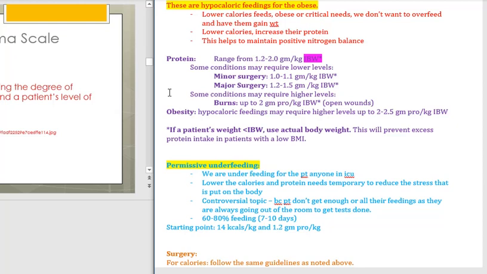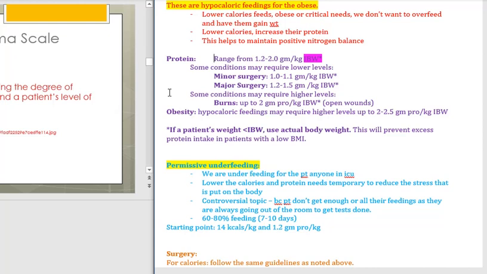Okay, 82.5. So now let's say that's based on my ideal body weight. But now let's say that I actually only weigh 100 pounds. Now multiply that by 1.5. So you see what I'm saying?